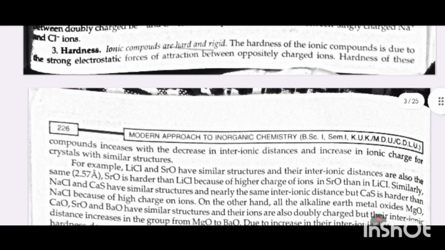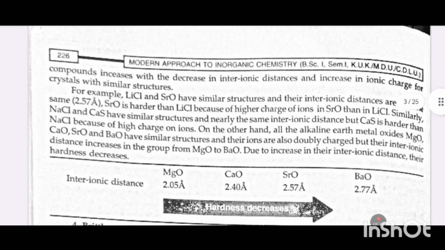Hardness. Ionic compounds are hard and rigid. The hardness of the ionic compound is due to the strong electrostatic forces of attraction between oppositely charged ions. Hardness of these compounds increases with decrease in interionic distances and increase in ionic charges for crystals with similar structure.